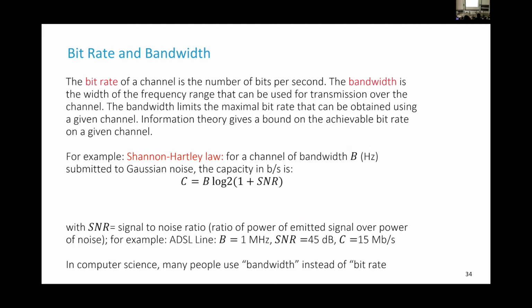It must be less than the achievable capacity. And for many practical systems today, we are very close to capacity. Of course, the larger the bandwidth, the larger the capacity, and therefore the larger the possible bit rate that we will get. But that's not at all the same thing. For example, on ADSL lines, we typically have a bandwidth of 1 megahertz and a bit rate which is not 1 megabit, but 15 megabits per second.